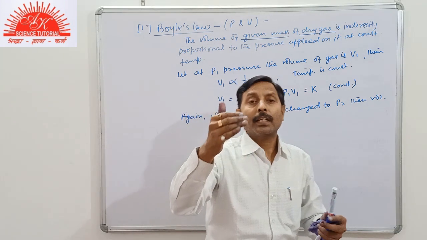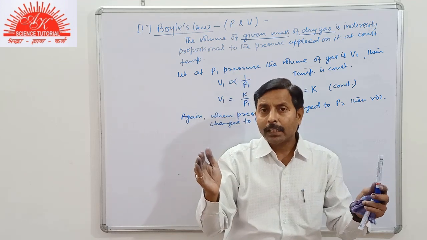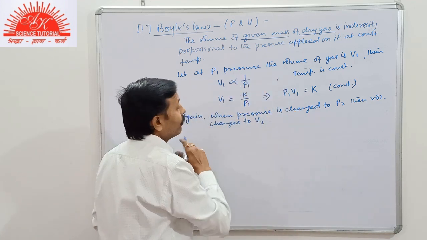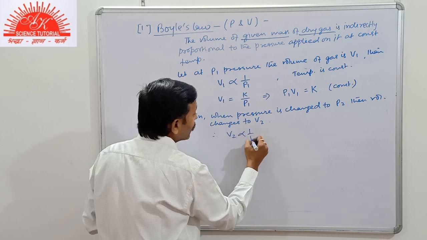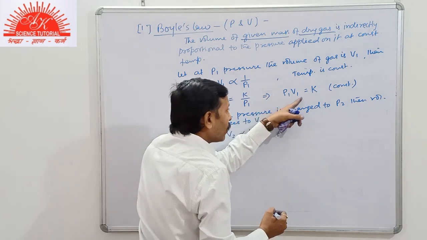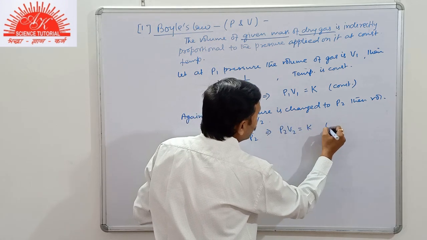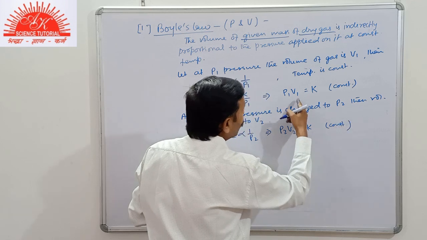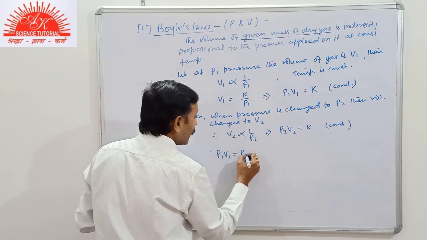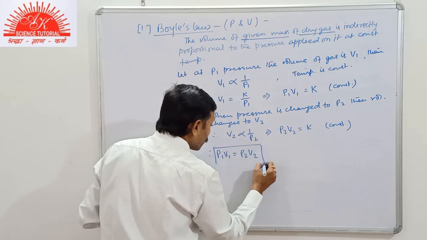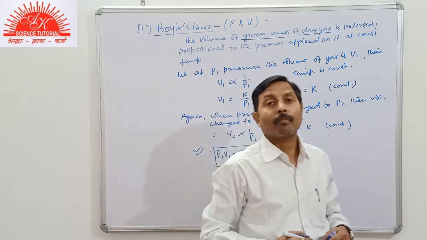If pressure is increased, the volume will decrease, or if pressure is decreased, the volume will increase. Whatever the case, the next volume is V2. Therefore V2 is inversely proportional to P2, and similarly P2 V2 equals K, again constant. So P1 V1 equals P2 V2 equals K.